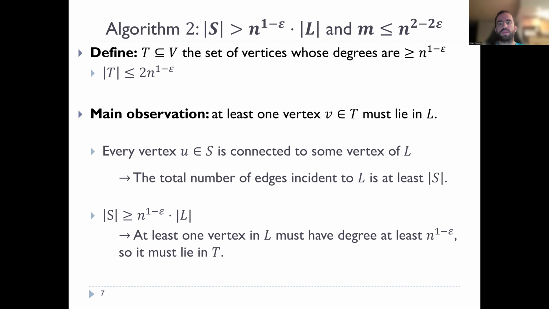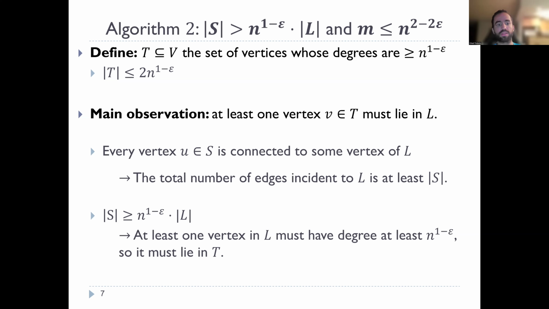Now, this immediately implies that the size of T, the number of terminals, is at most 2 times n^(1-epsilon). And the main observation that we have here is that at least one vertex in T, one terminal, must lie in L.